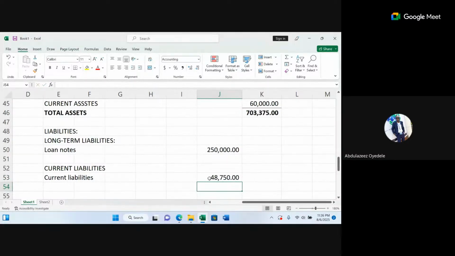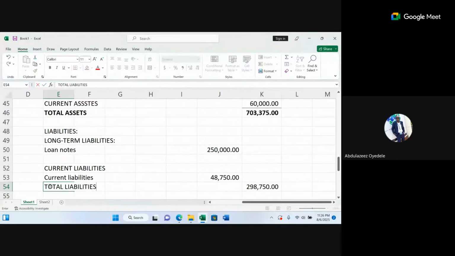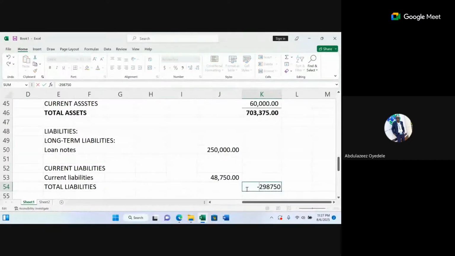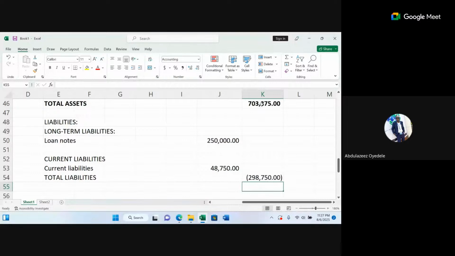So we can now have our total liabilities here, which is 298,750, which can now be deducted from our total assets in order to get our net assets.